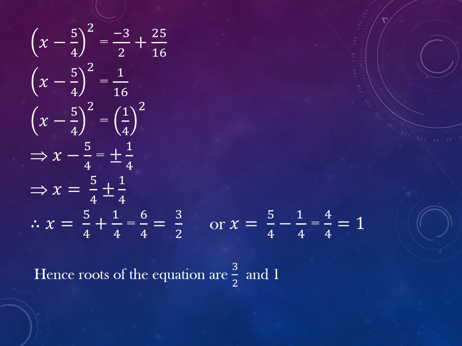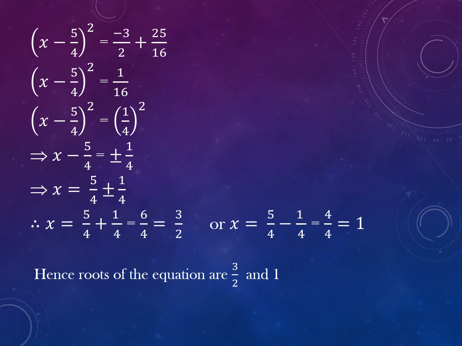The right side, as they are numbers, we can simplify it. −3/2 + 25/16, and finding the LCM we obtain our answer as 1/16. So this 1/16 can also be written as (1/4)².